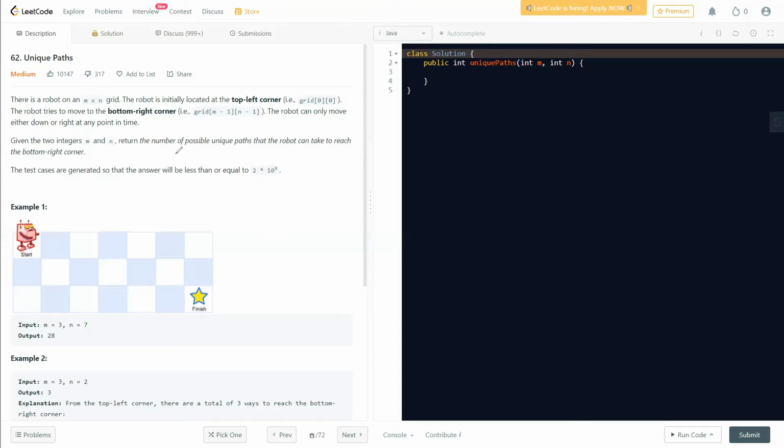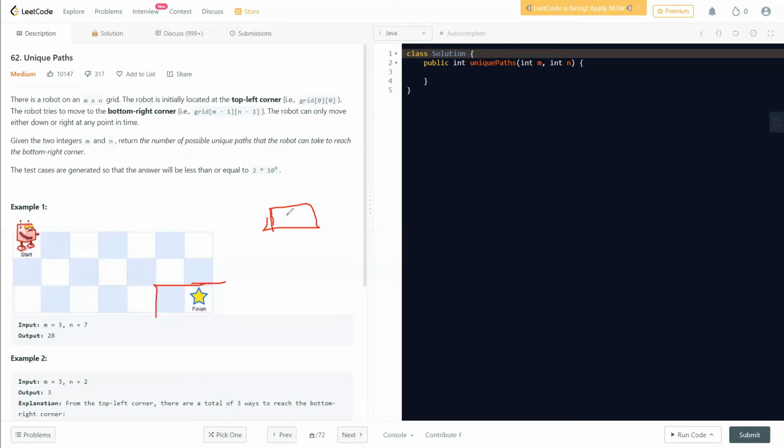Say we have only a 2 cross 1 grid. This is the whole grid we have over here. Let's take initially that there's only one cell, a 1 cross 1 box.